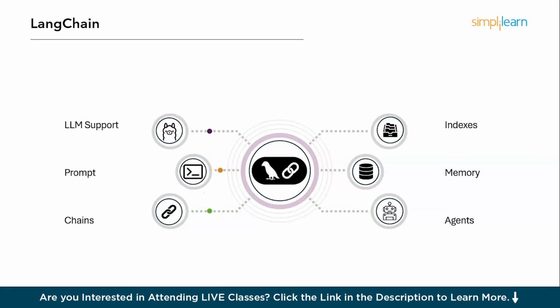Fourth one is indexes. Supports document loaders and vector databases to pull in external data. Fifth one is memory. It enables applications to retain past interactions, improving contextual awareness. And lastly, the agents. It uses LLMs as reasoning engines to dynamically decide the next step in the workflow. With LangChain, developers can efficiently build AI-powered applications without reinventing the wheel.